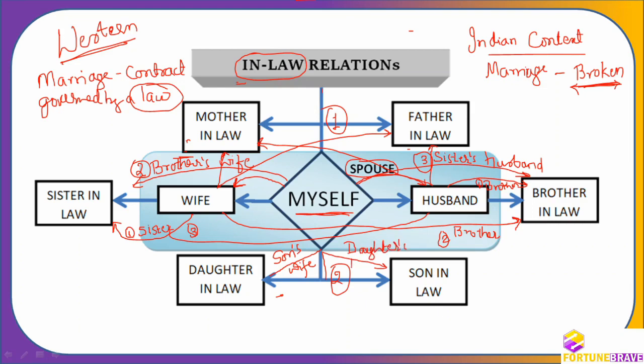My son's wife is daughter-in-law, and my daughter's husband is my son-in-law. So that should make all the relationships very clear, I think. We have discussed a lot. Now we'll go into the next thing, which is very important.